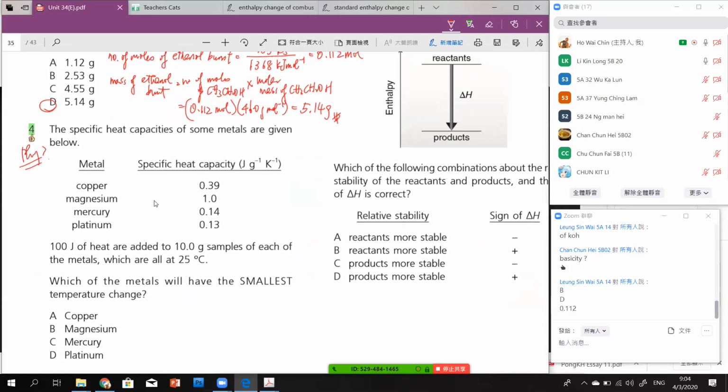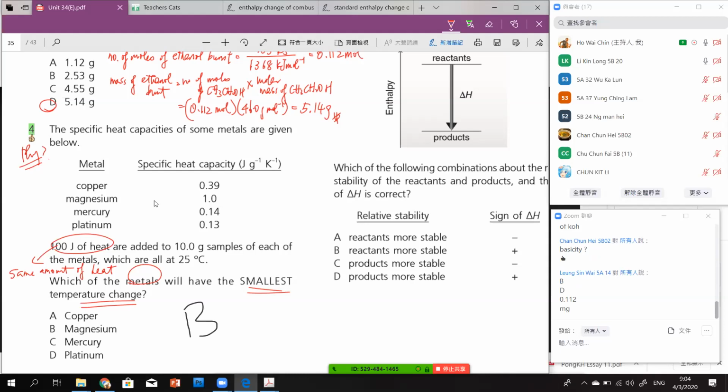Again, a physics question. Which of the metals will have the smallest temperature change if you give the same amount of heat to heat them? Which one will show the smallest temperature change? So yes, that's why B.